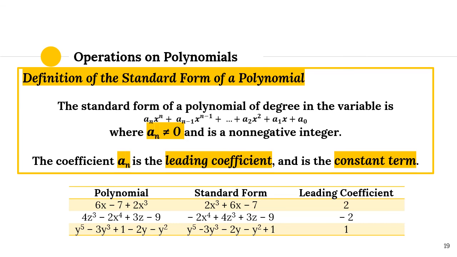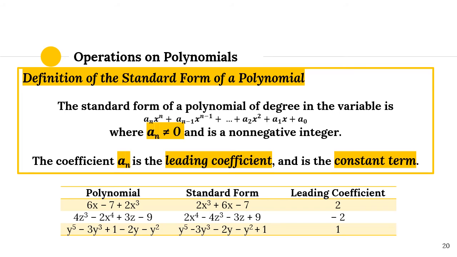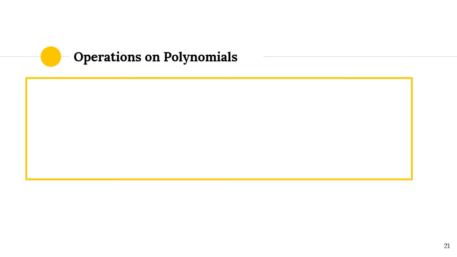The next one should be negative 2y plus 1. Maybe this is just a typo. But negative y squared should come first before negative 2y. Maybe I just made a mistake in encoding this. Let's refer to the book later. Leading coefficient is 1. Okay, so let's proceed. I've rewritten this. I've corrected the second example so that the leading coefficient becomes positive. Let's proceed.